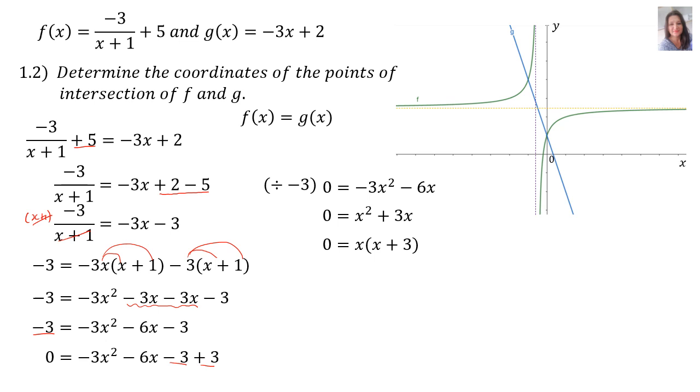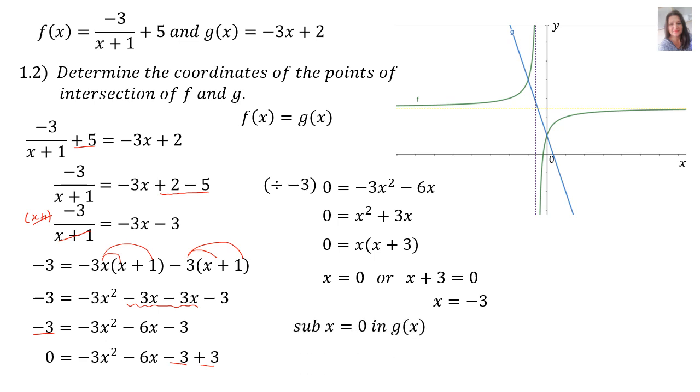And then I can say x is equal to 0 or x plus 3 is equal to 0. And then x is equal to minus 3. Then, since I'm working out the coordinates of the point of intersection, I also want the corresponding y value.